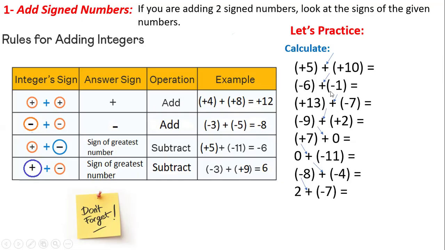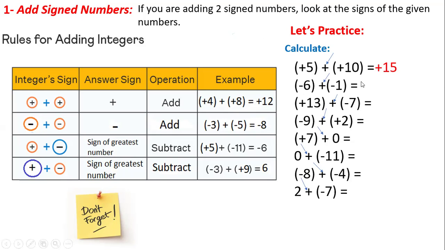Let's practice this exercise. Calculate. Plus 5 added to plus 10. Since I have addition, the first is positive, the second is positive, so the sign of the answer will be positive and I add. 5 plus 10 is 15, so my answer will be positive 15. I'm adding negative 6 with negative 1.